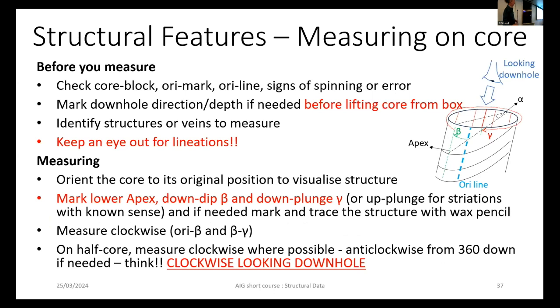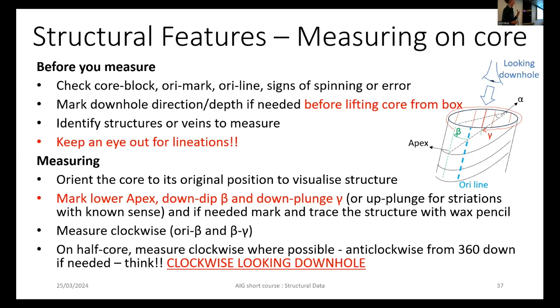So before you measure, like I said, you check the core blocks, the ori marks, the ori line, and look for signs of core spin, which is the big enemy of orientation devices these days. With gyroscopic devices, the thing that can go wrong is when you have an instrument that is too hot or too cold, so it loses calibration, or when you have core spin within your barrel as people pull it out.